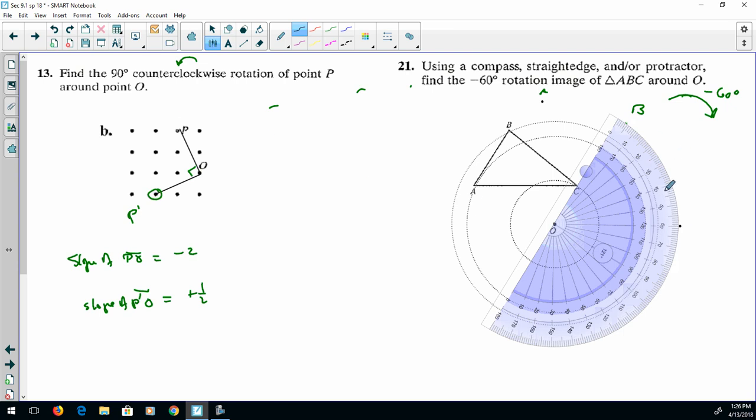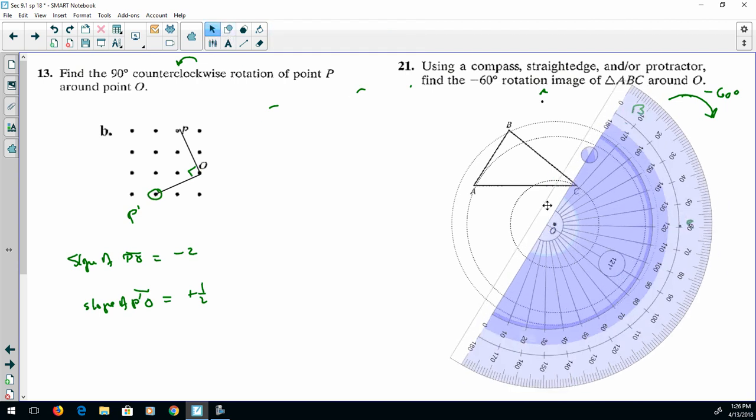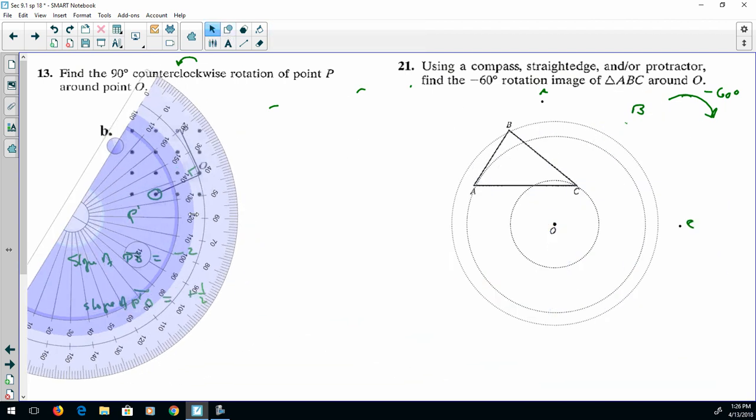All right, let's draw a straight line from O to this point. Now, that was for A, so I'm going to put a dot.